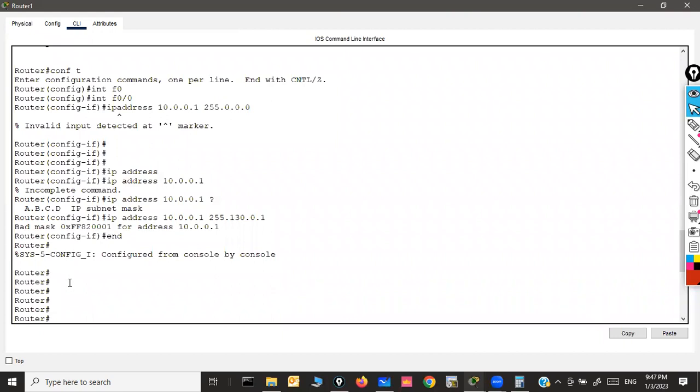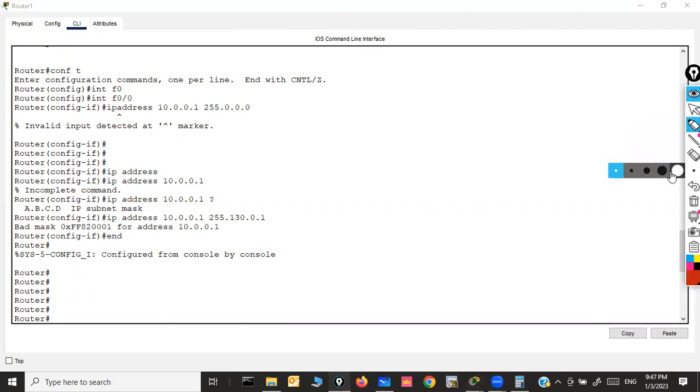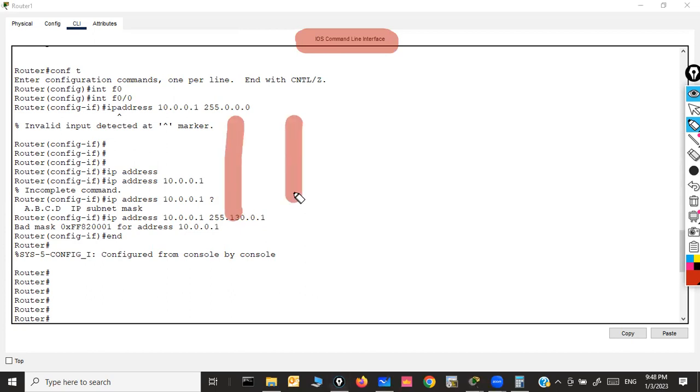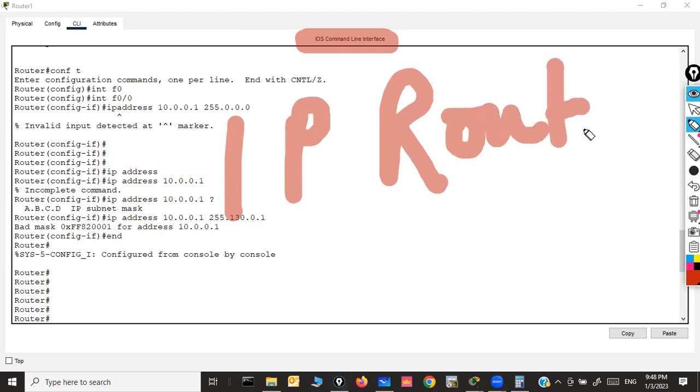Once you become familiar with commands, basic commands at least, 8 to 10 commands, not more than that, then I will start the main topic. And the main topic is IP routing.